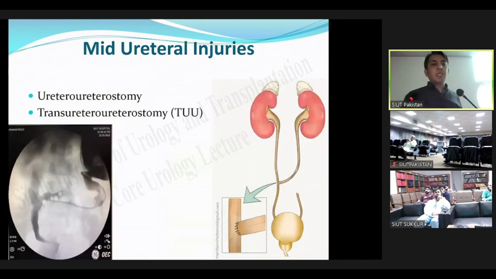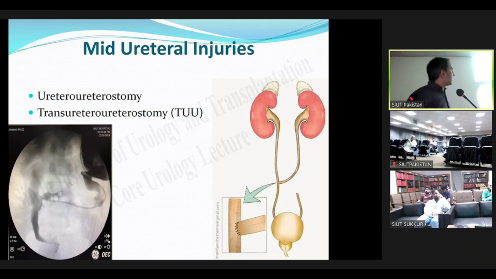For mid-ureter, we have the same ureteroureterostomy if the length loss is 2 to 3 centimeters, or we can do transureteroureterostomy. The TUU is also done for a condition when we failed a Boari or psoas hitch, or when there is another contraindication.